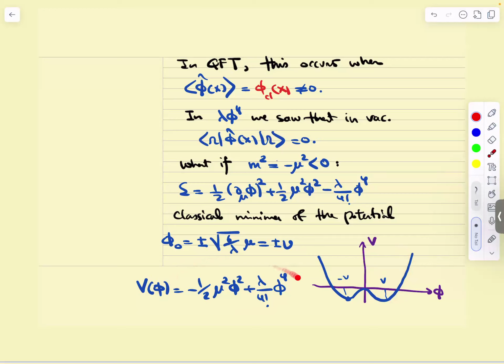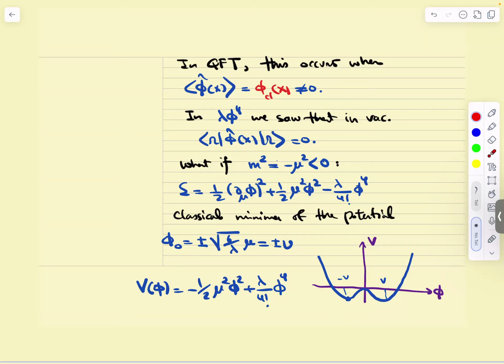So this is your potential. When phi is very, very small, the negative term is dominant. When phi is large, the phi 4 term is dominant, so you go up. And this potential is symmetric under phi going to minus phi, right? So it's like this, which tells you that it also reaches 0 at the center.